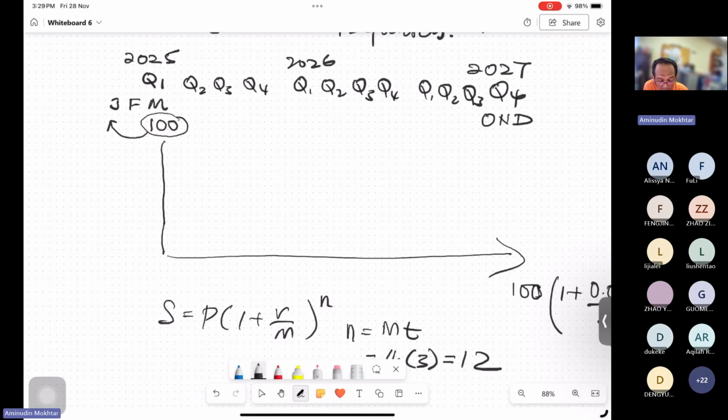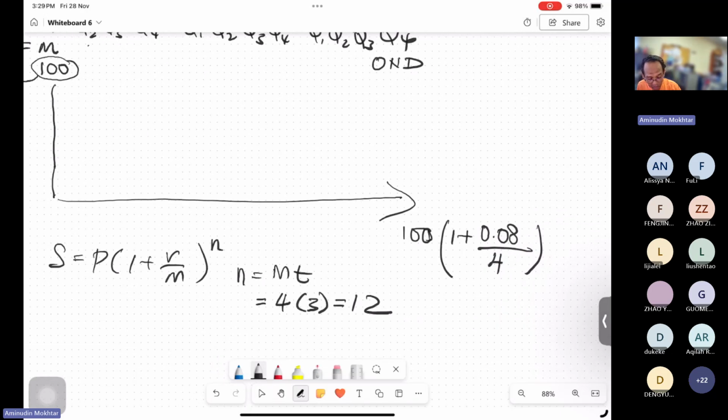This amount will receive interest starting from quarter 2, 3, and until quarter 4. That's why n is not 12. n is 11 for the first 100. That is how to calculate the future value of money.